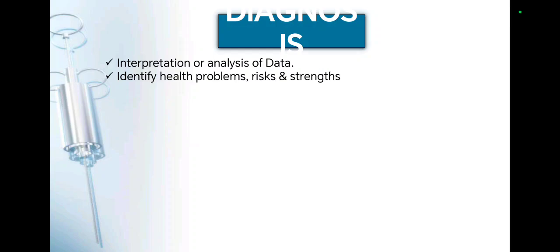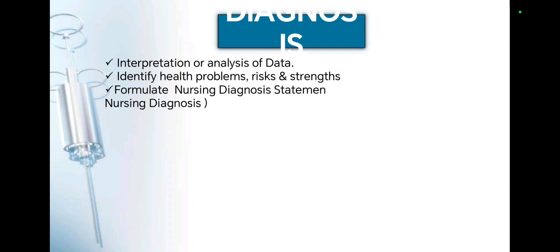We will now identify health problems, risks, and strengths, and formulate a nursing diagnosis statement based on your NANDA, the North American Nursing Diagnosis. So we use this nursing diagnosis, which is very different from medical diagnosis, because medical diagnosis is merely diseases. Now here, we're not focused really on the diseases itself, but rather on the needs of the patient.